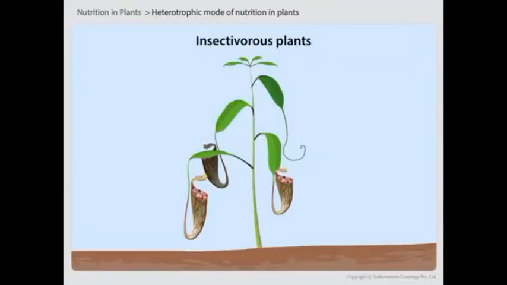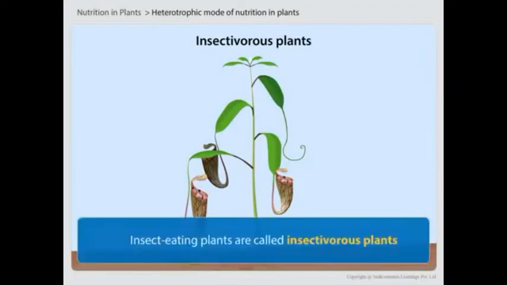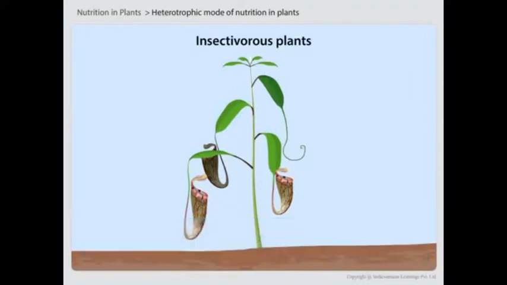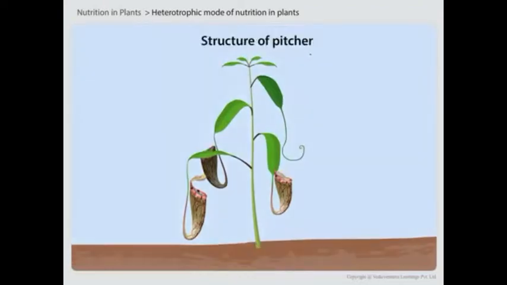There are few heterotrophic plants which can trap insects and eat them. Such insect eating plants are called insectivorous plants. One of the insectivorous plants is pitcher plant. In a pitcher plant, the part of the leaf is modified into a pitcher-like structure.